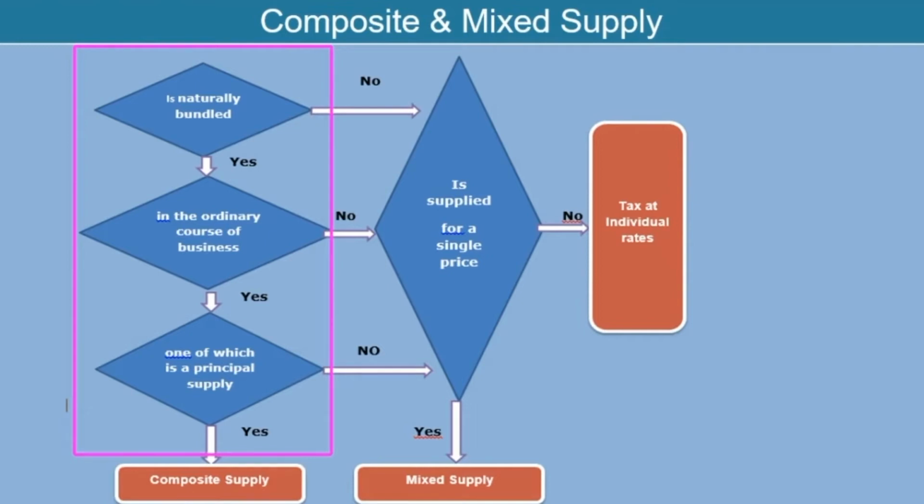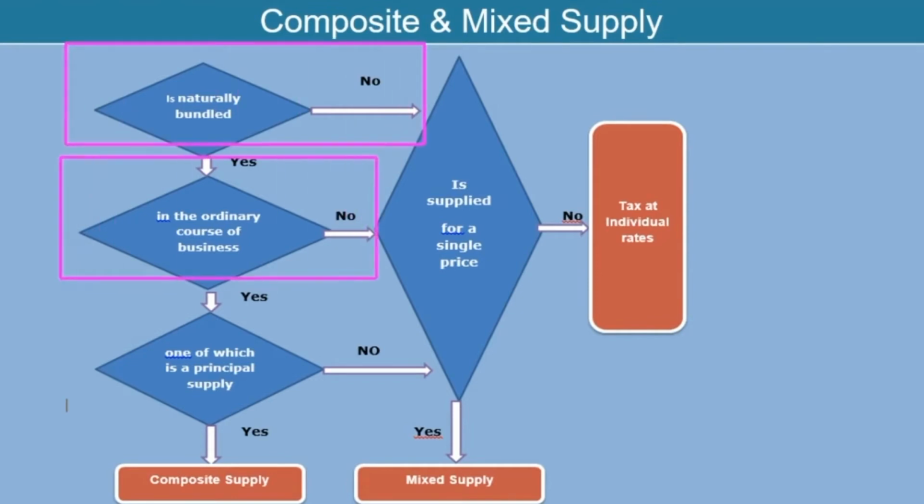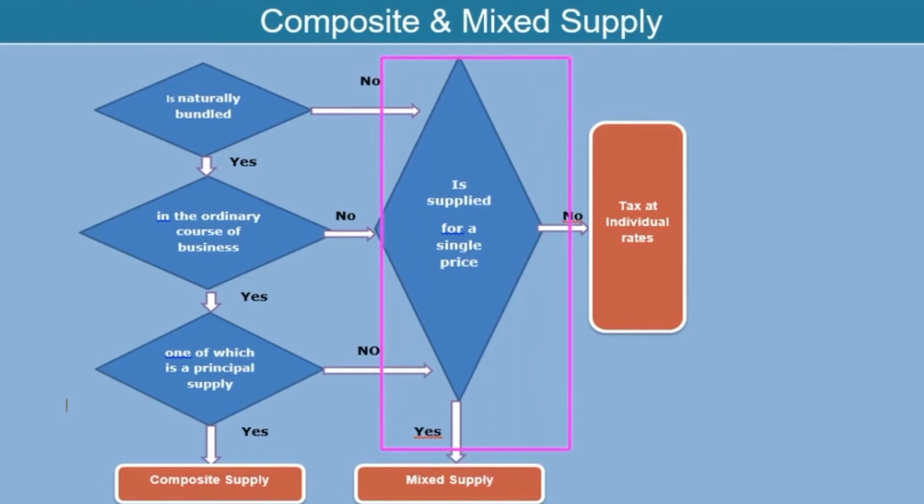But at any point of time, if the answer to any one of these questions is no. The first is whether it is naturally bundled, if the answer is no; in the ordinary course of business, if the answer is no; one of which is a principal supply, if the answer is no. If either of the questions gives you the answer no, then you have to check the second checkbox, or the second condition.